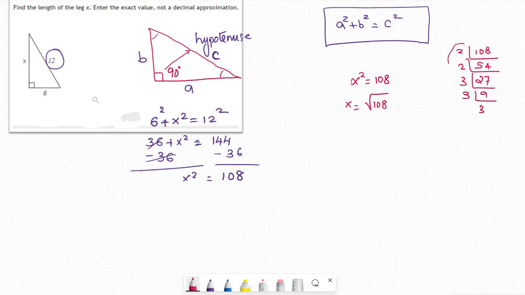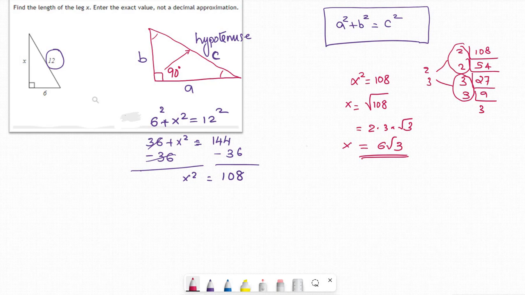Make a group of 2, and pull out 1 from each, 2 and 3. So the answer x is equal to 2 times 3 times root 3, so it is 6 root 3. So that is the value of x. Got it? And the Pythagoras theorem is true for all right triangles.